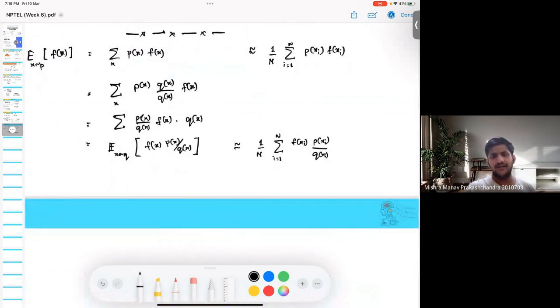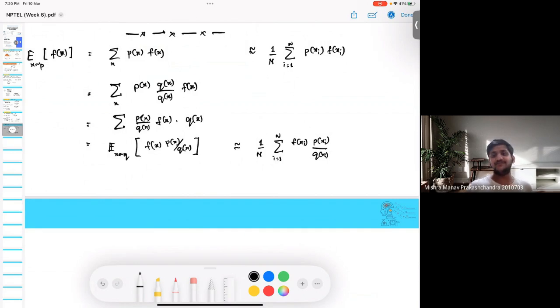And it turns out you need not always approximate it by 1 by n. The reason being that if the ratio of p(xi) by q(xi) is more or less comparable throughout for all i's, then taking a simple 1 by n average gives me an approximate solution.